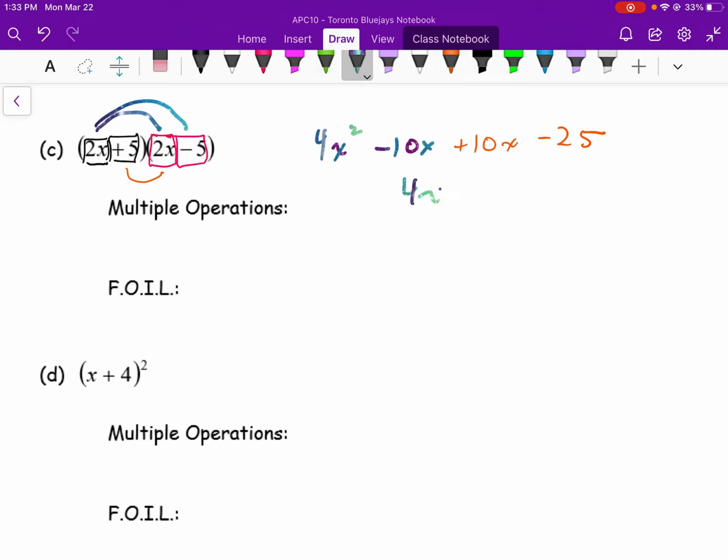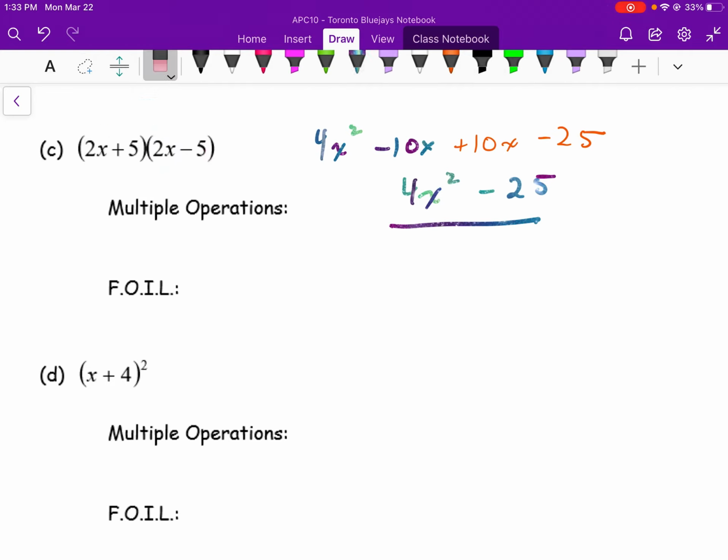So my overall answer should be 4x squared minus 25. And by the way, as we'll see later, this is called a difference of squares. What two quantities give you a difference of squares? The conjugates, what we see here.